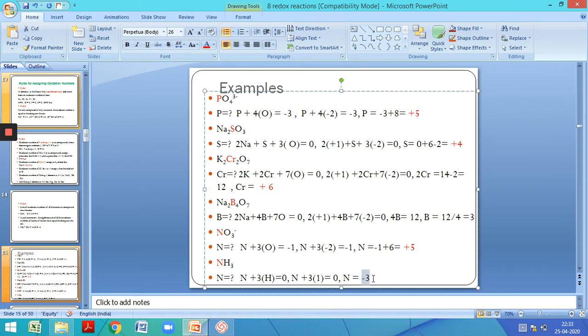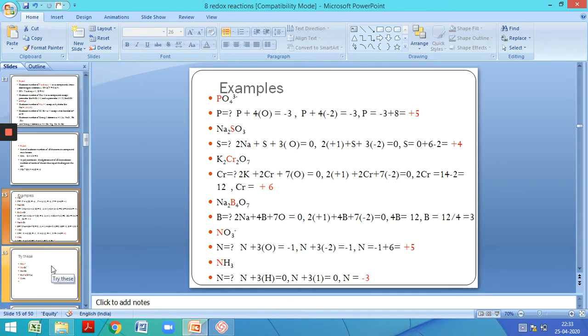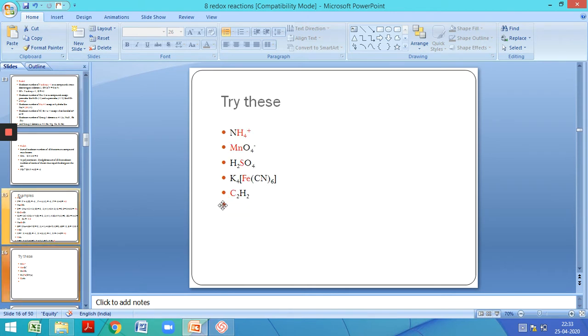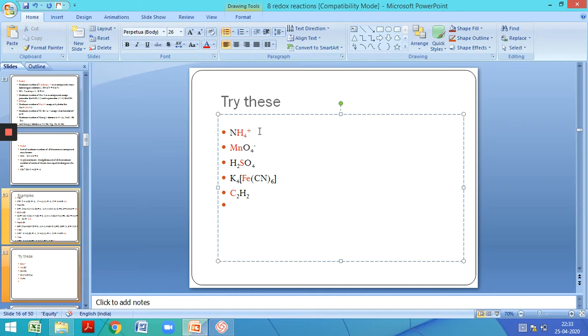So, a particular element can have different oxidation numbers. If you see here only, nitrogen plus 5, minus 3. So, an element can have different oxidation numbers. We will look at some more cases, some exceptional cases, but try out more examples. So, ammonium ion: the oxidation number of nitrogen in ammonium ion, not hydrogen.